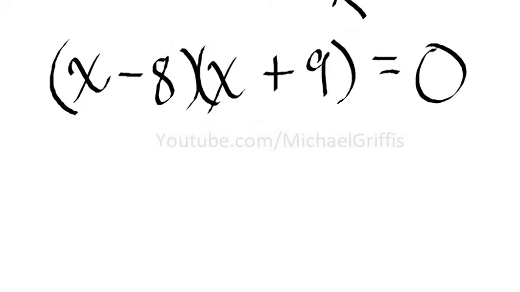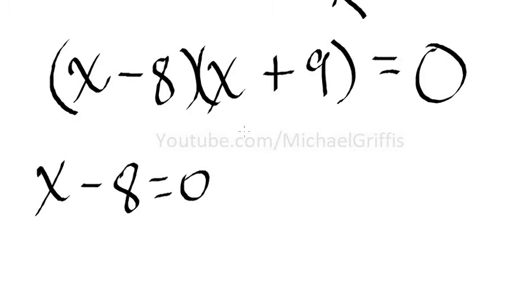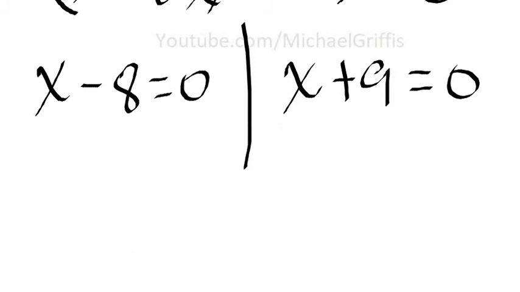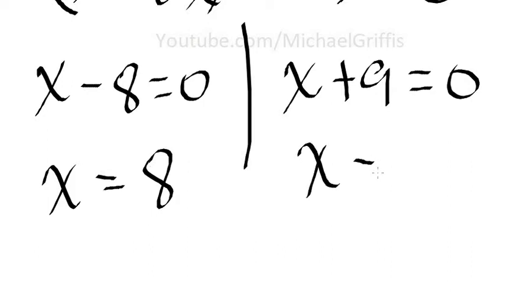So setting both of our terms equal to 0, and then of course we solve for x, so we get x is equal to 8 and x is equal to negative 9.